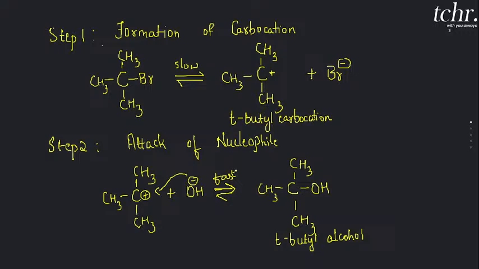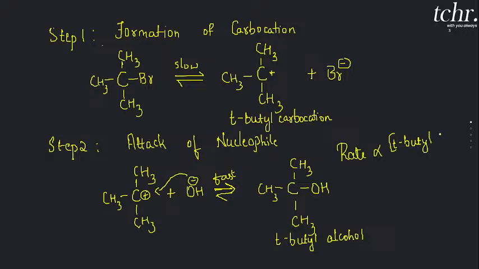Then why it is called substitution nucleophilic first order reaction is because if you see the rate of the reaction here depends only on one reactant, that is tertiary butyl bromide.